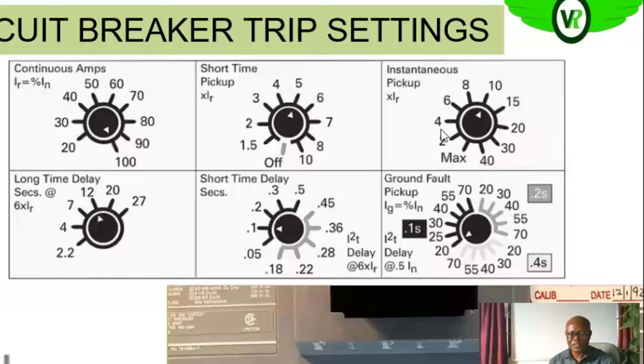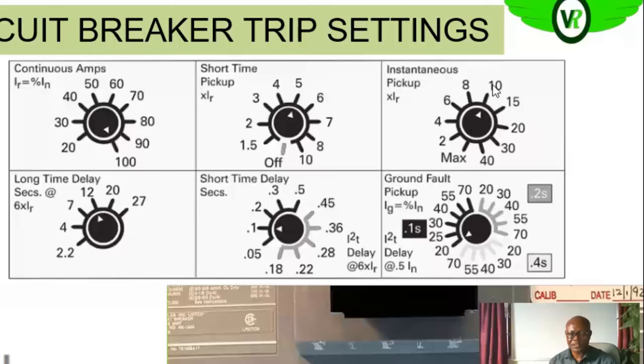What this is telling us is that whatever we select here, if the breaker sees that particular magnitude of current on the line, it is expected to trip instantaneously.